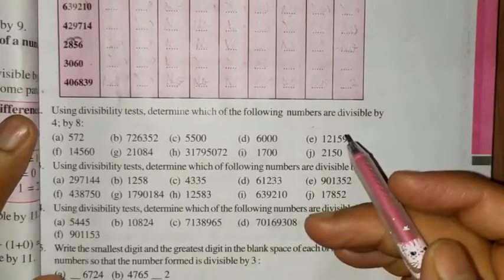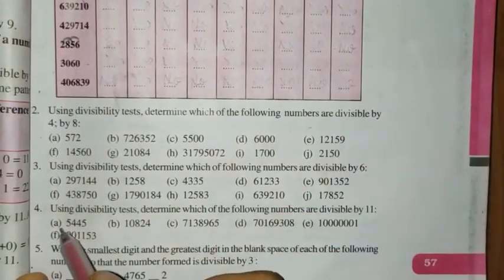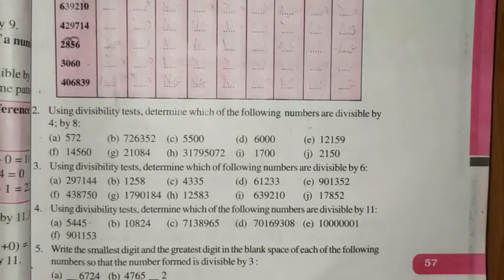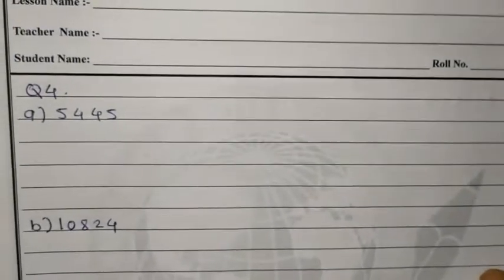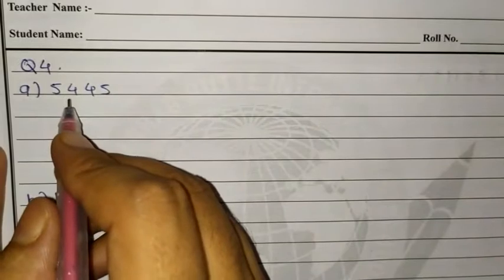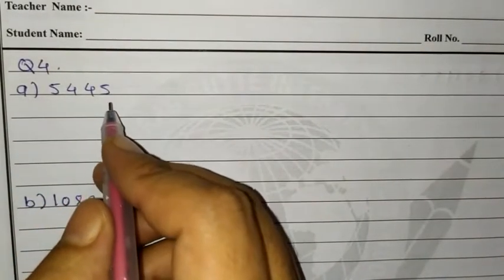So our next question is question number 4. Using divisibility test, determine which of the following numbers are divisible by 11. So let's get started. In question number 4, we have 4 numbers, 5445.